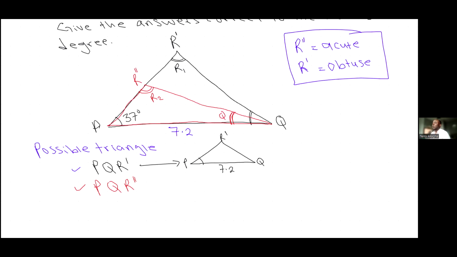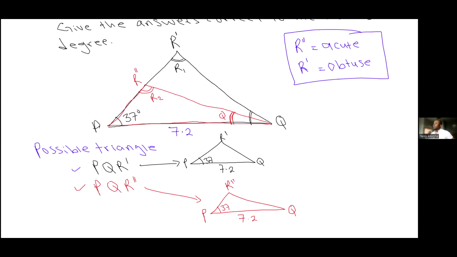Or you can have the other one like this: P, Q, R2, the same thing, 7.2, and this is 37. So you can use any of them that you wish to use. Good.